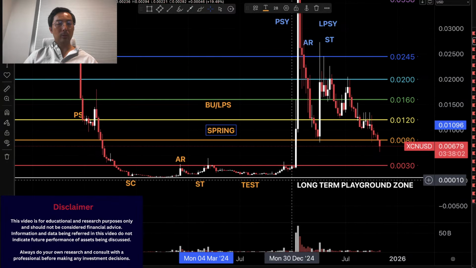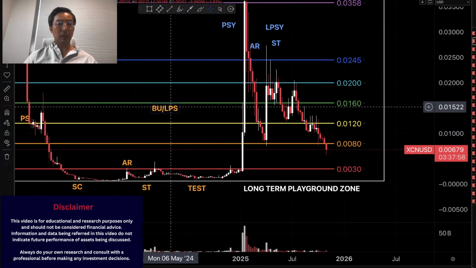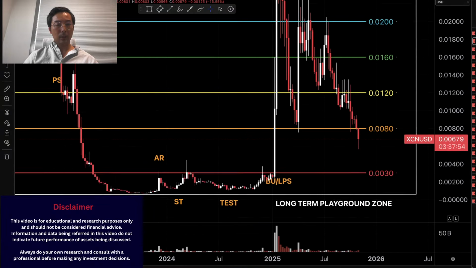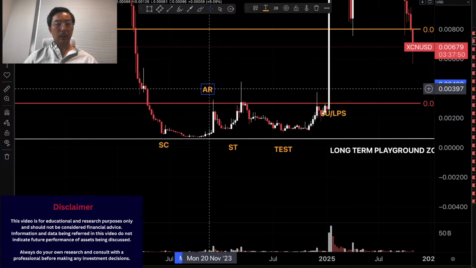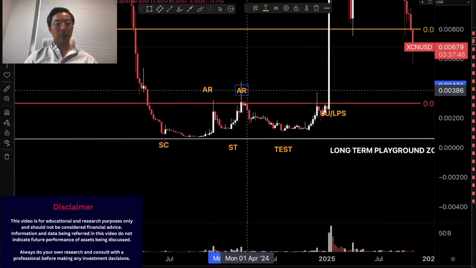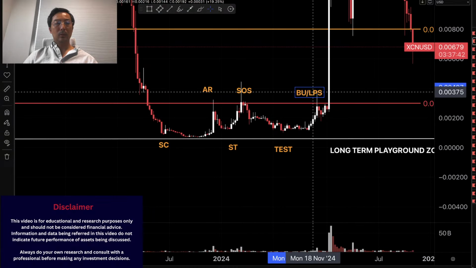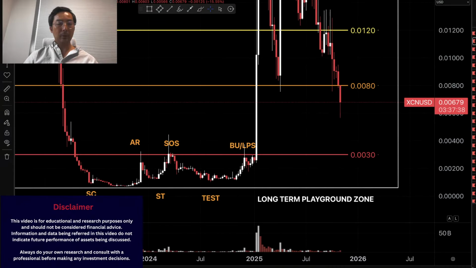And there was no spring over here, so we can delete it for the time being. Backup of support, last point of support period happened right over there. We had a sign of strength over there. Okay, so that was the previous accumulation period.